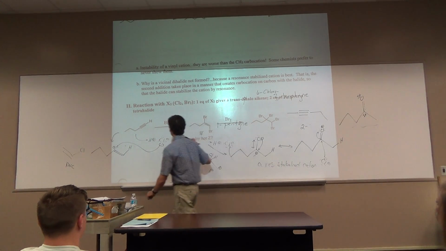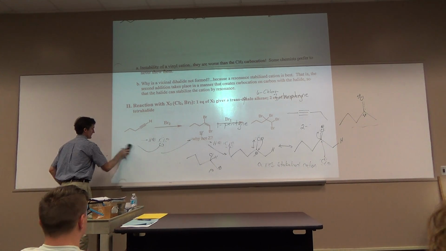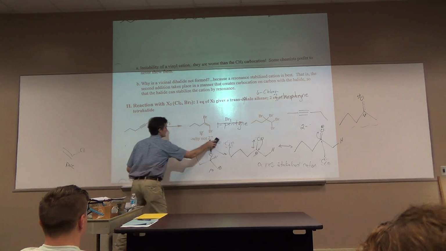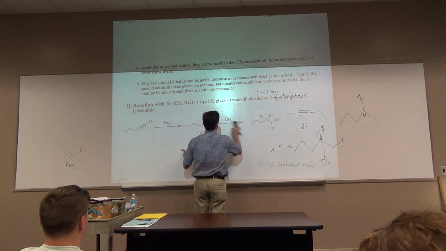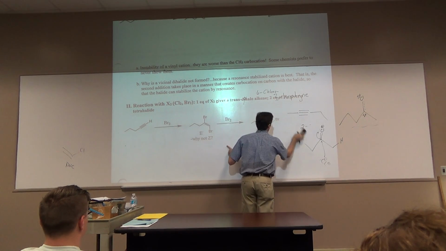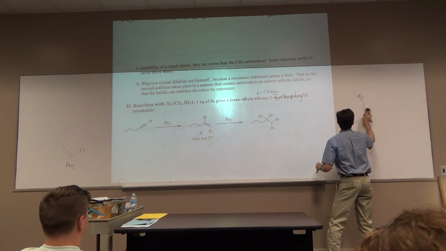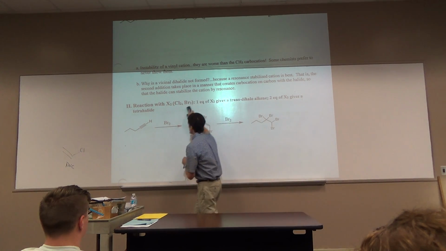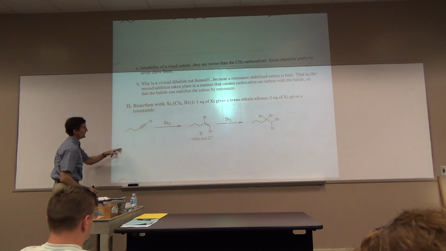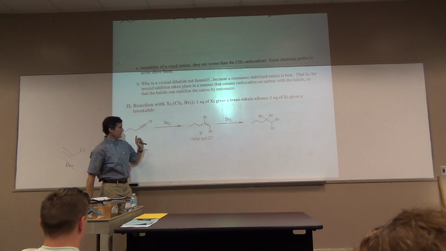About reaction with halogen, like chlorine or bromine. React this alkyne with bromine. We're going to get a very similar outcome as alkenes.